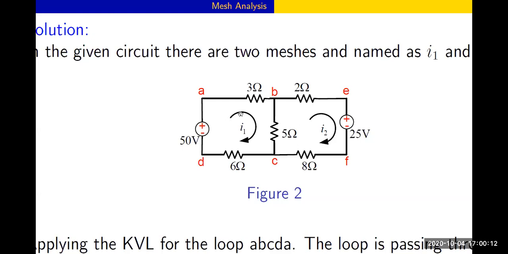When I consider the first mesh, there is a current I1, and also one more current I2 flowing in this 5 ohm resistor. When I come to the second mesh, there is also I2 and I1 in the 5 ohm.